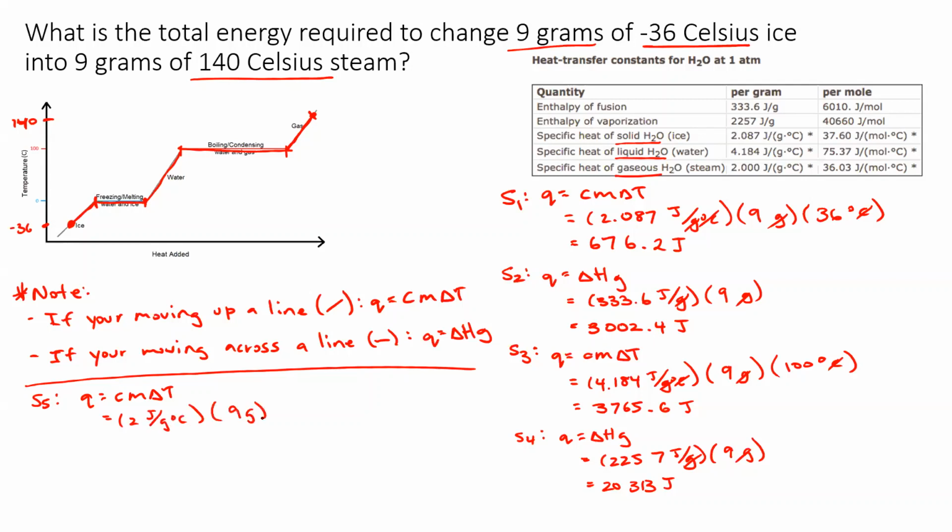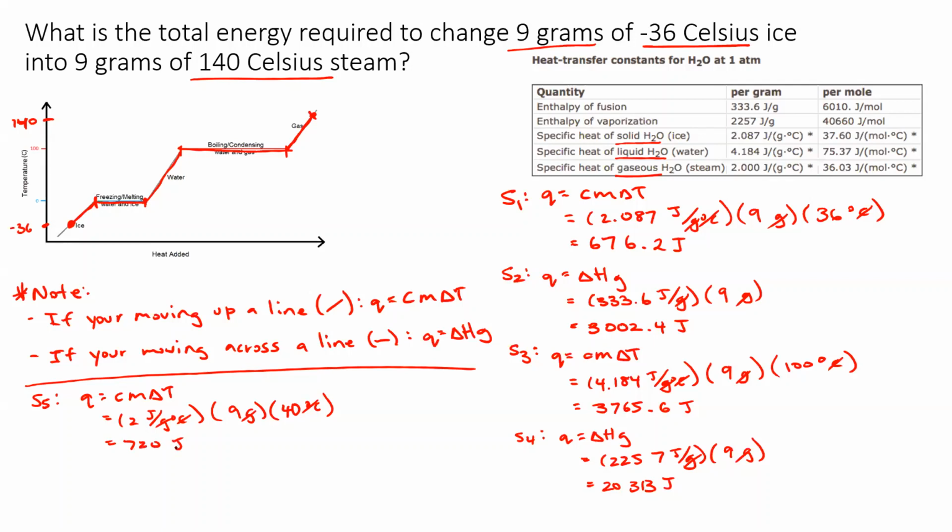Multiply that by 9 grams. And our change in temperature here is just 40 degrees, going from 100 degrees to 140 degrees Celsius. That means these units cancel, and again, we're left with joules. If you plug it into your calculator, you should get 720 joules.